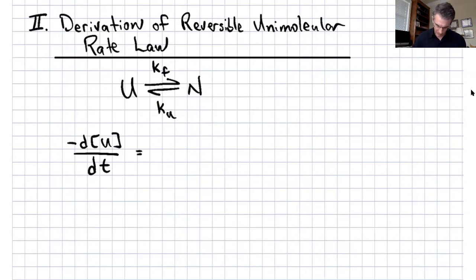But we've got this output, Kf, times concentration of U, that's going out of the tank. But we've got this coming back in: Ku times concentration of the native state. That would be the unfolding rate.